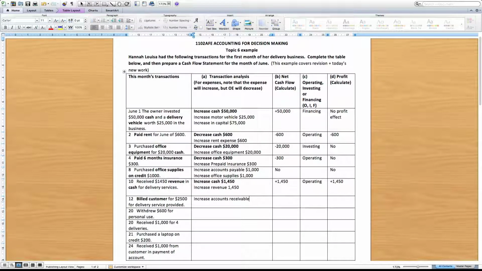A customer now becomes an accounts receivable and they owe us money, so they become a current asset. Delivery services is what we're in the business for, so that's our revenues. So we also have an increase in revenue. Oops, I left out the amount, excuse me, I'll just put that in, $2,500.